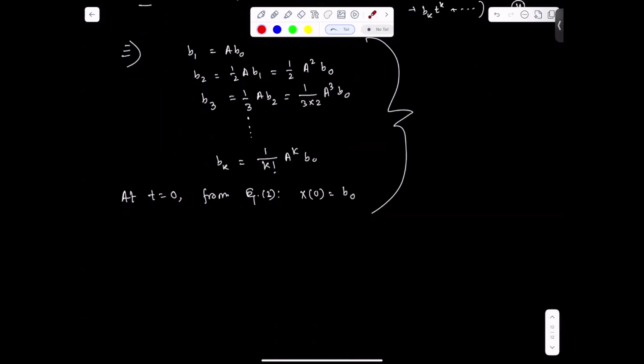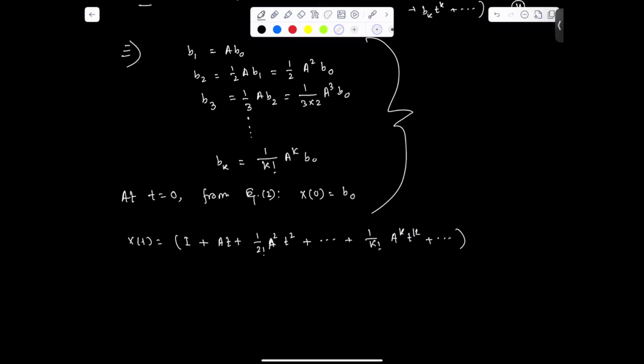So we can write x of t. We can write I, the identity matrix, plus A t, plus 1 over 2 factorial A squared t squared, plus dot dot dot, plus 1 over q factorial A^k t^k, plus dot dot dot.